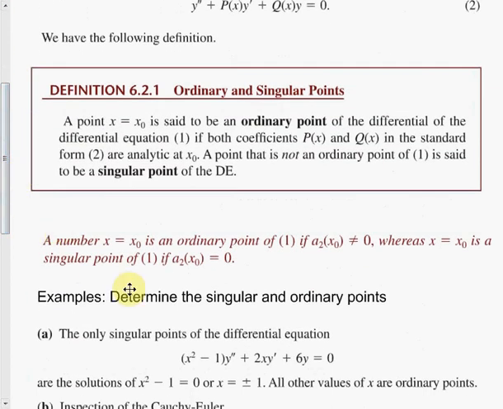So here a number x equal to x naught is said to be ordinary if when you evaluate a sub 2 at x naught you don't get 0, or this is not equal to 0.